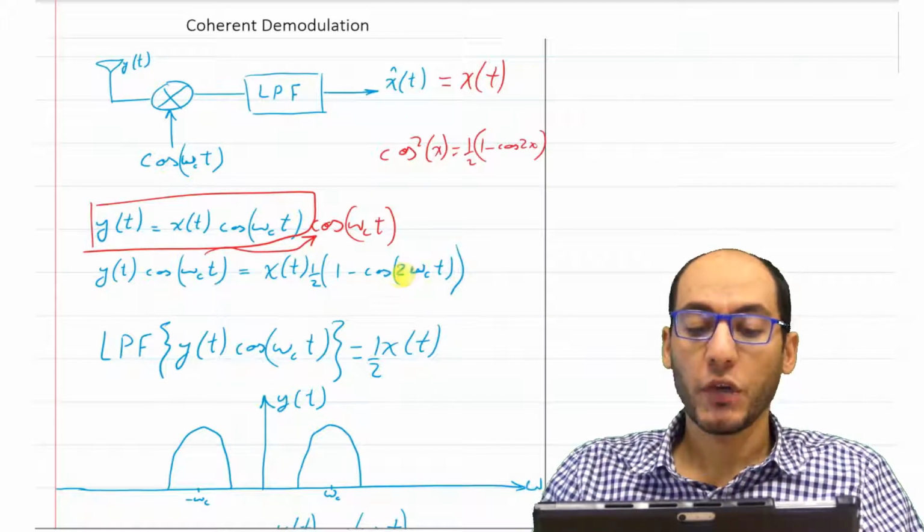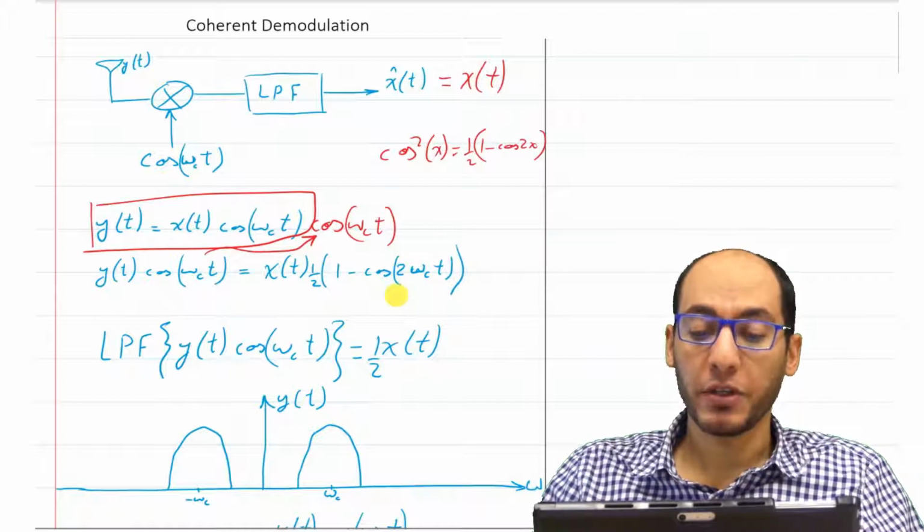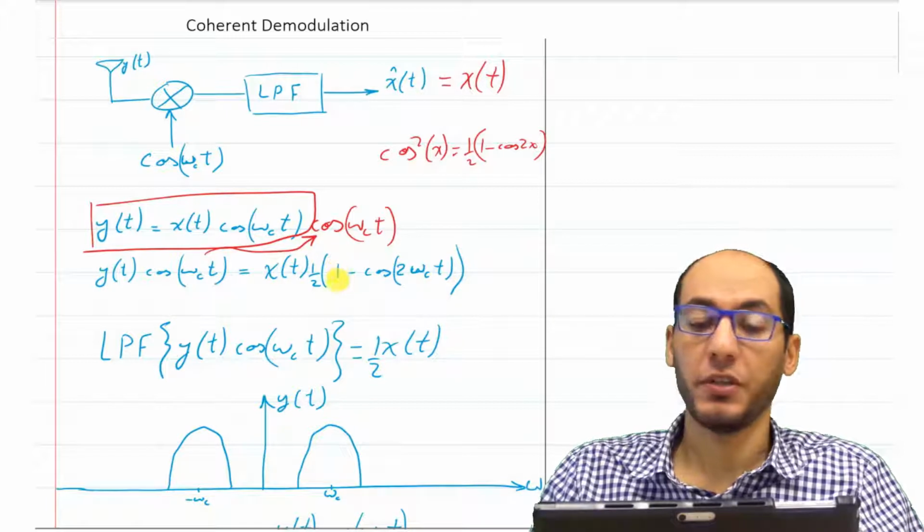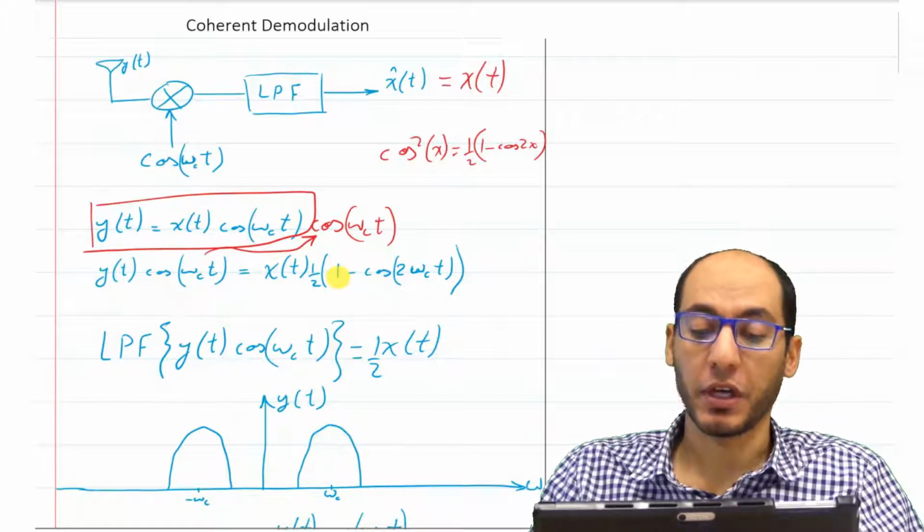So if I pass this through a low pass filter, first of all, what does this parenthesis mean? It means that I have a replica of the x of t centered at zero, not shifted in the frequency domain, and another replica that is shifted in the frequency domain by twice the carrier frequency.